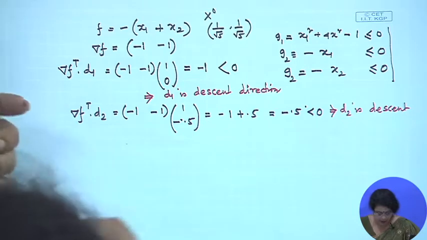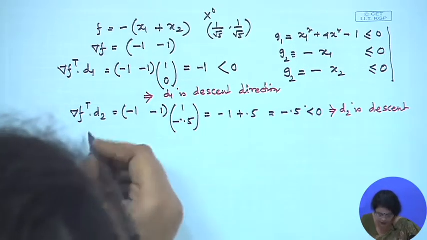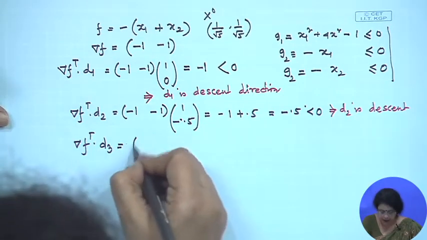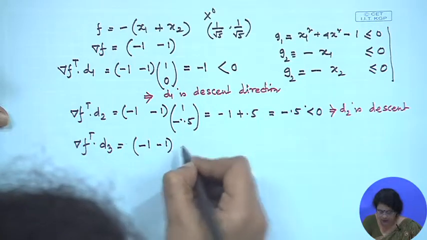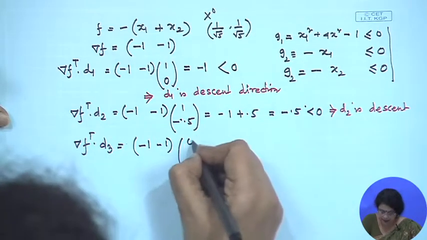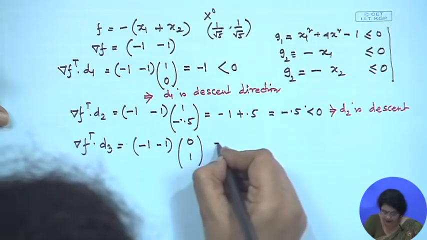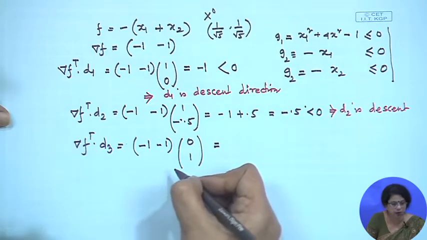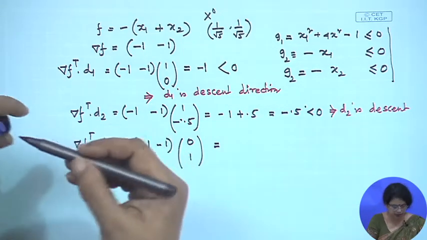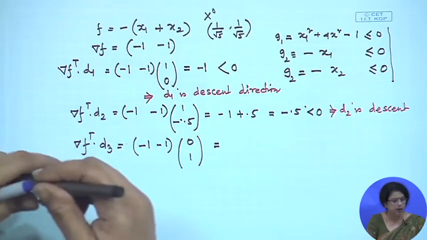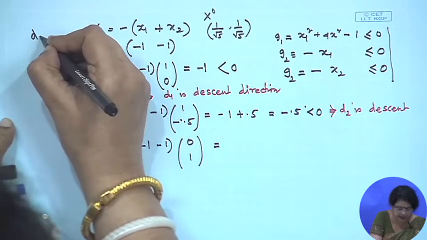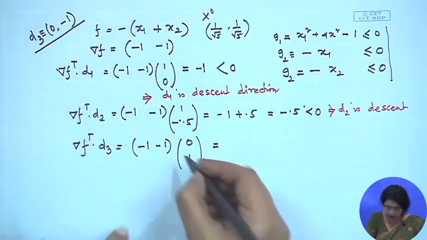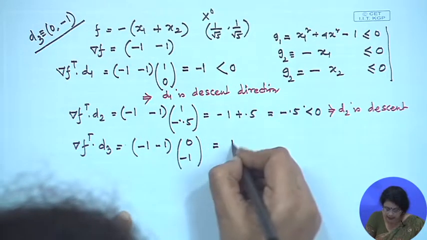All right. Now, if I do further calculation for d3, grad f dot d3, (minus 1, minus 1) and (0, 1), if we just consider, this is becoming, (0, minus 1) rather, okay, because d3, please consider d3 as (0, minus 1), not (0, 1), all right. (0, minus 1), if we consider, this is becoming 1.